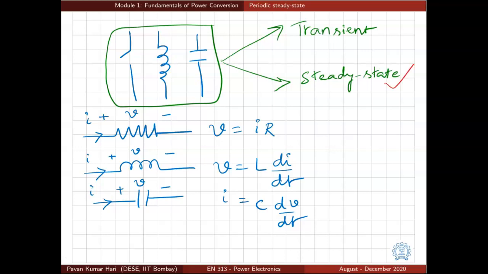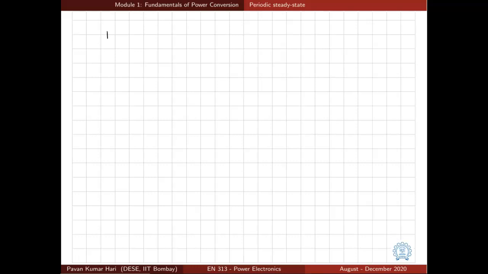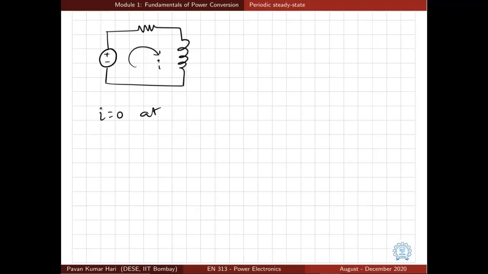Let us try to understand what we mean by steady state here with some examples. Consider an RL circuit connected to a DC voltage source. Given an initial condition that the current in the circuit I is equal to 0 at time t equal to 0, we know that the current in this circuit rises exponentially.